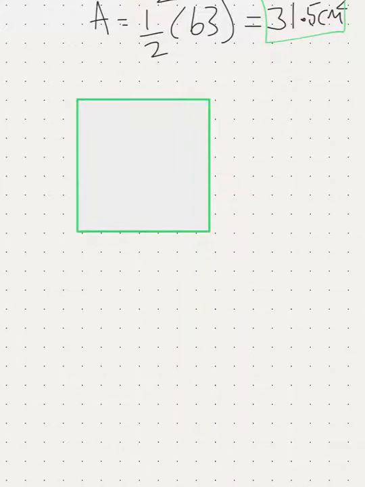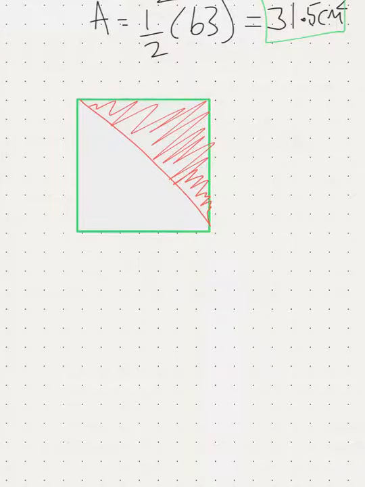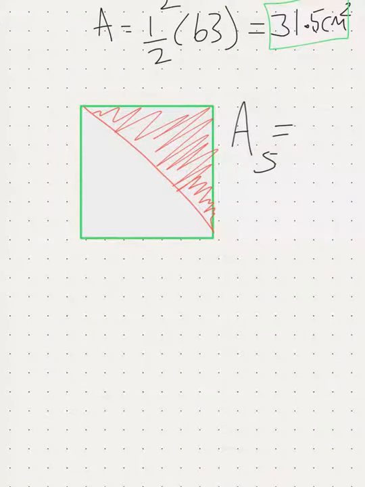And this was the red area. So what we have said is that the area of the rectangle was equal to 63 centimetres squared. And the area of the triangle is 31.5.